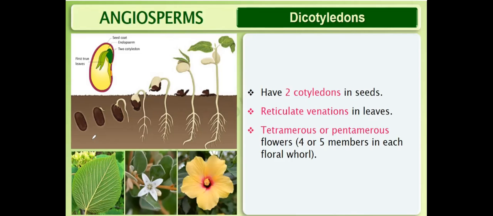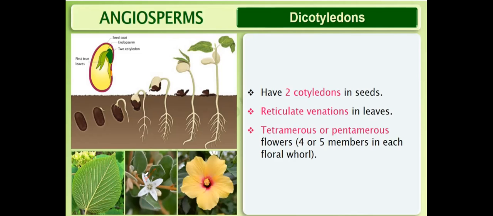Now, if you don't have seed, if you don't have leaf, suppose all the leaves have fallen down, and in that condition only flowers are there, then on the basis of flowers you can identify. The flowers may be tetramerous or pentamerous. Tetramerous or pentamerous means 4 or 5 members in the floral whorl. These are floral whorls. If there are 4, it is called tetramerous.